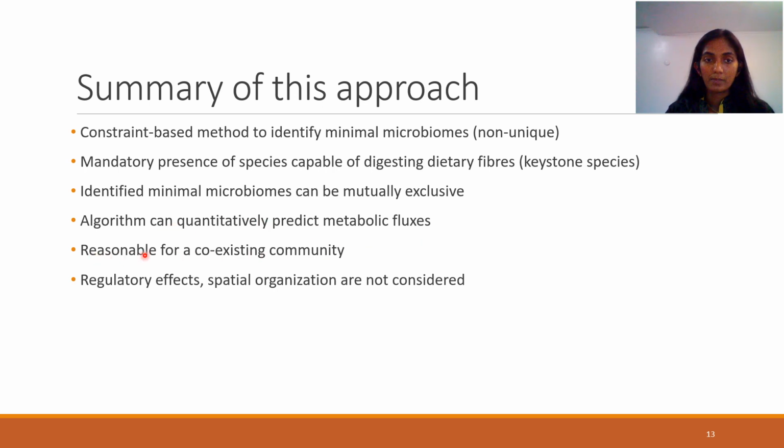This approach is reasonable for a coexisting community because of the constraint-based approach used. The gut microbiome is known to be a coexisting community, so it's reasonable to use it for the gut microbiome. Regulatory effects and spatial organization are not considered in this algorithm. If these are to be included, then additional constraints will have to be added.